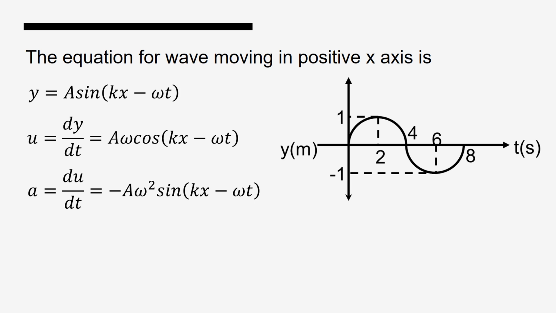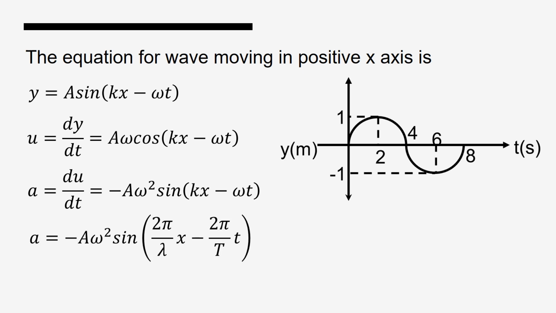By taking the derivative of u with respect to t, we get the acceleration a = −Aω² sin(kx − ωt). By substituting k = 2π/λ and ω = 2π/T, we get the equation for acceleration as a = −Aω² sin(2π/λ · x − 2π/T · t).